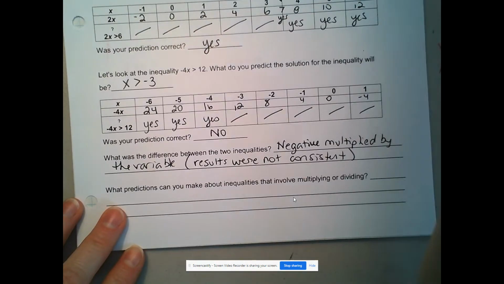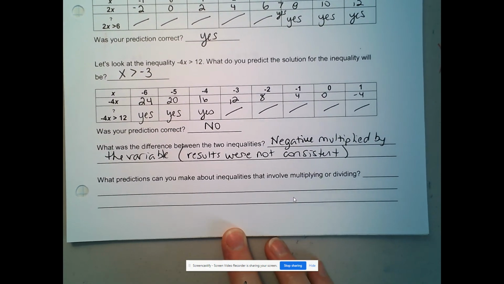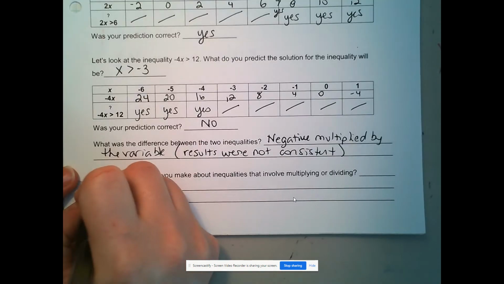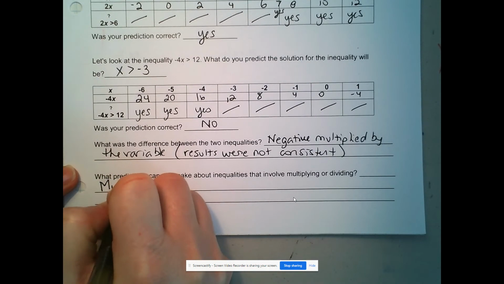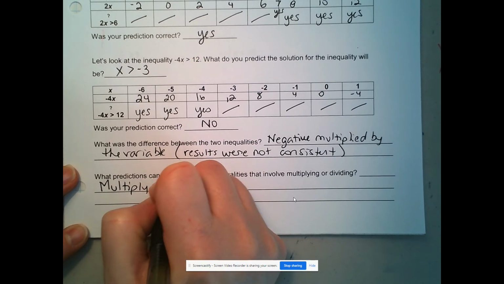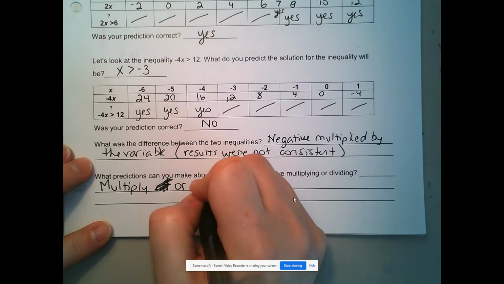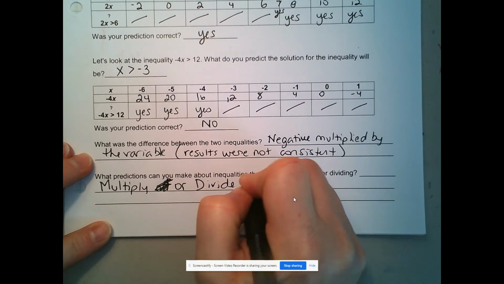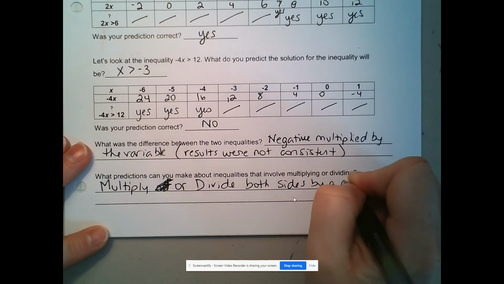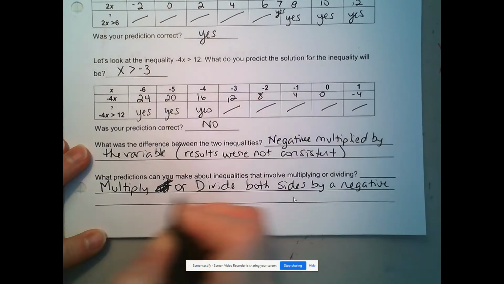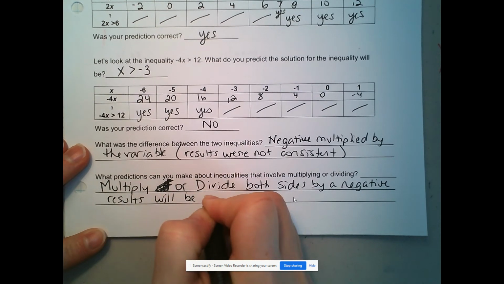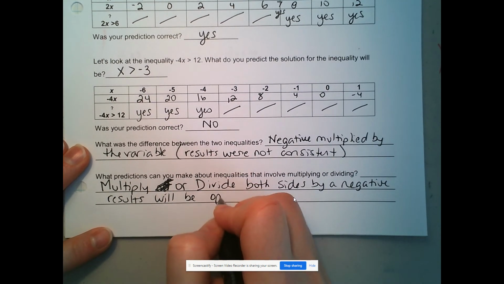What predictions can you make about inequalities that involve multiplying or dividing? Well, and this is going to be really important, when we multiply or divide both sides by a negative, the results will be opposite.